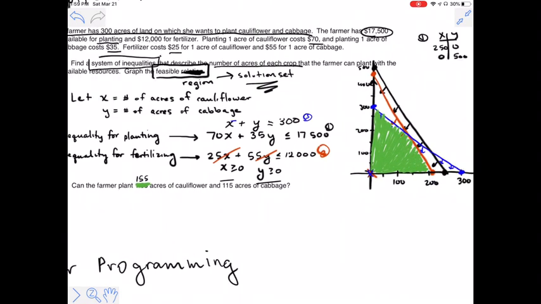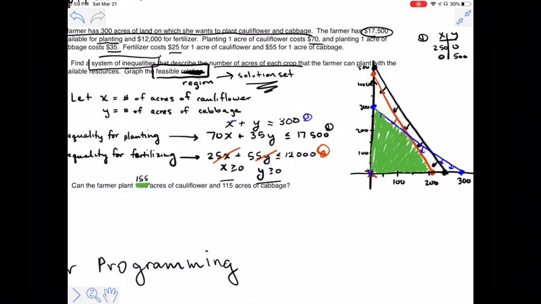All right, so we finished part A, which is we found a system of inequalities and the feasible region. Part B, can the farmer plant 155 acres of cauliflower and 115 acres of cabbage?